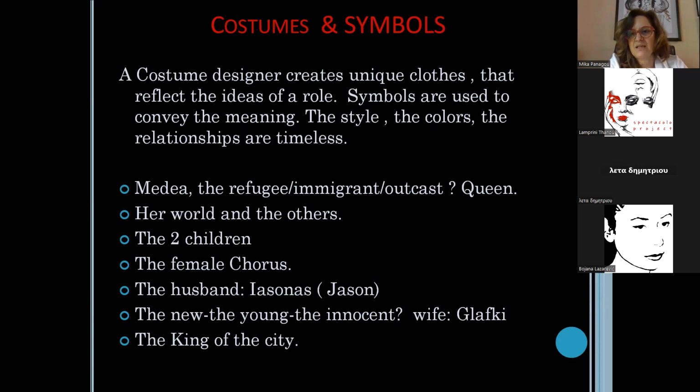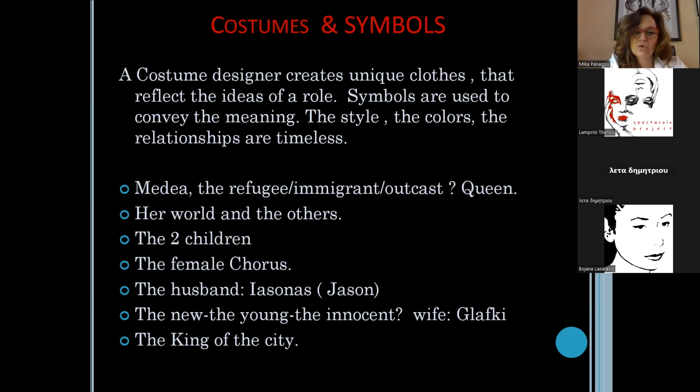So Medea is an outcast. She's a queen, but they're going to take everything away from her and she will be an outcast. She has nowhere to go. When you're thinking about Medea, you need to be sure that she had no other solution for all this. It's her world and the other's world. She has 2 children.